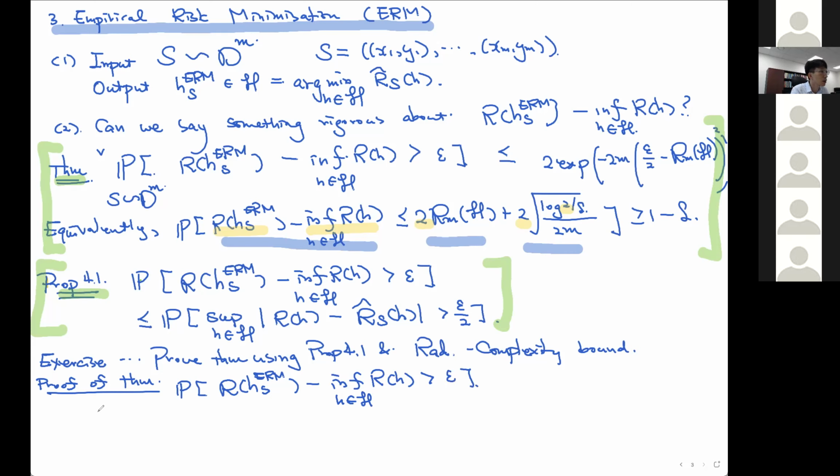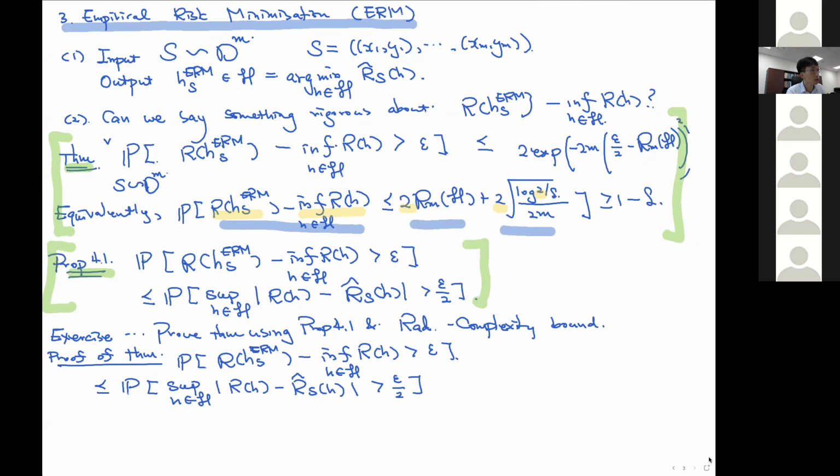That is, by proposition 4.1, bounded by the probability that the supremum over H of R of H minus the sample version of R of H is greater than epsilon over 2.